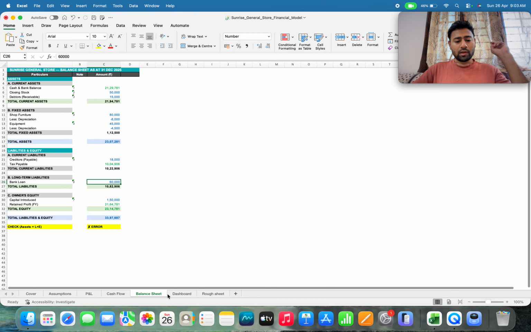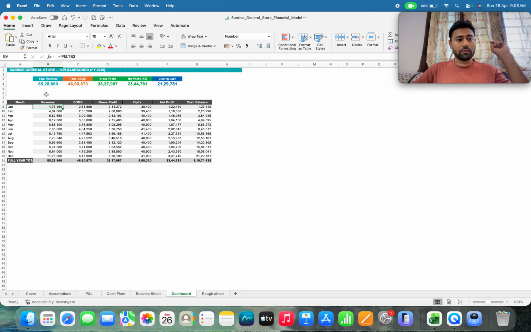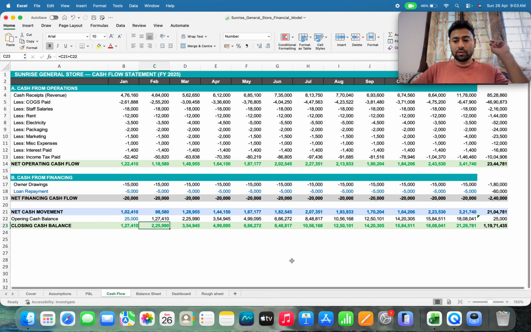Now coming to the dashboard, this is the whole summary of it. We have total revenue, total cost of goods sold, total profit, total net profit, and closing cash. Closing cash we have calculated, closing cash is this much.